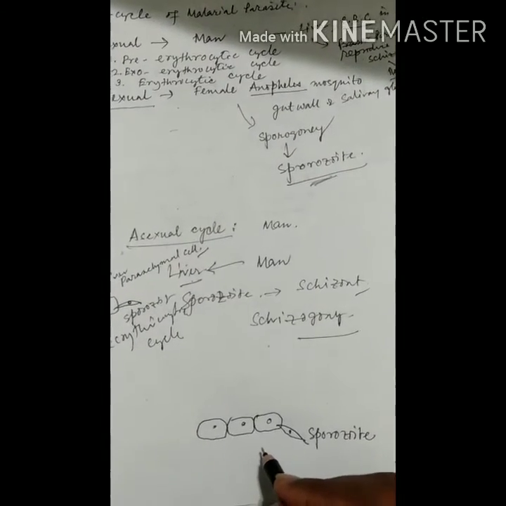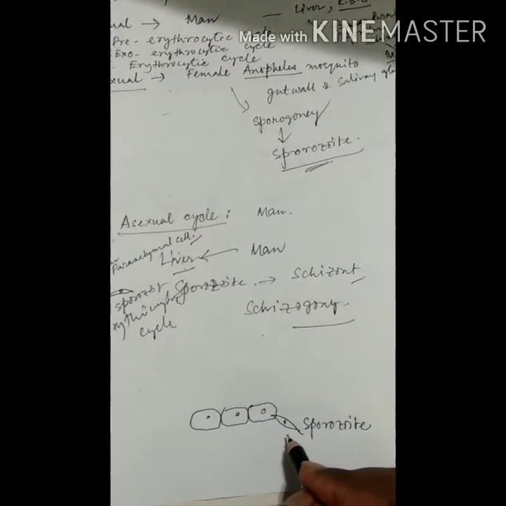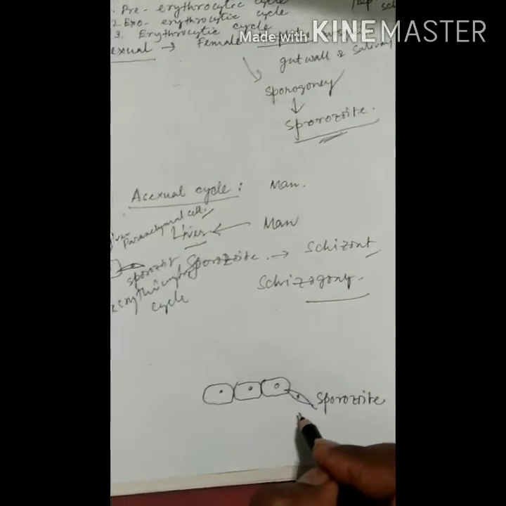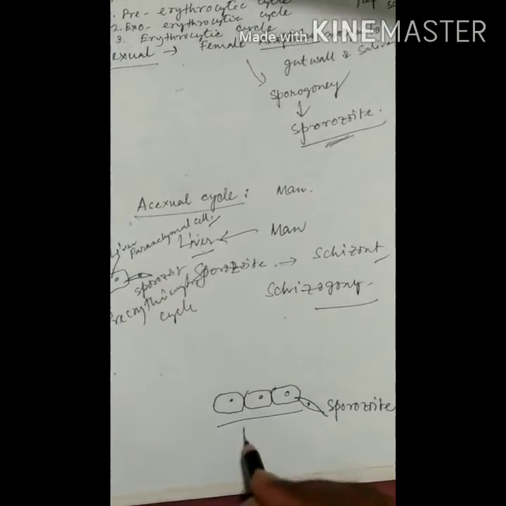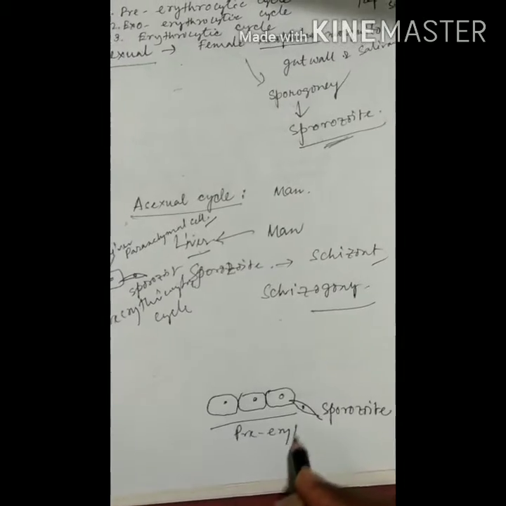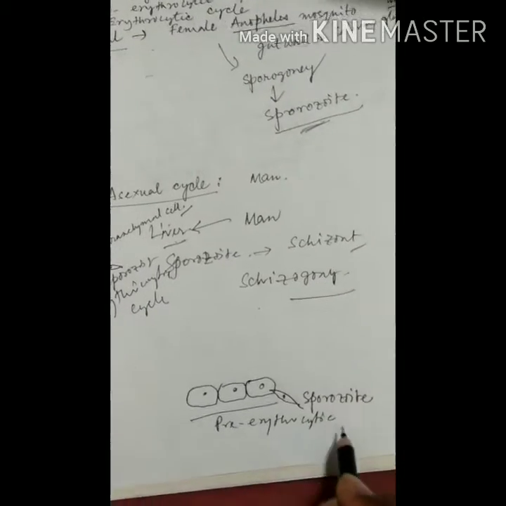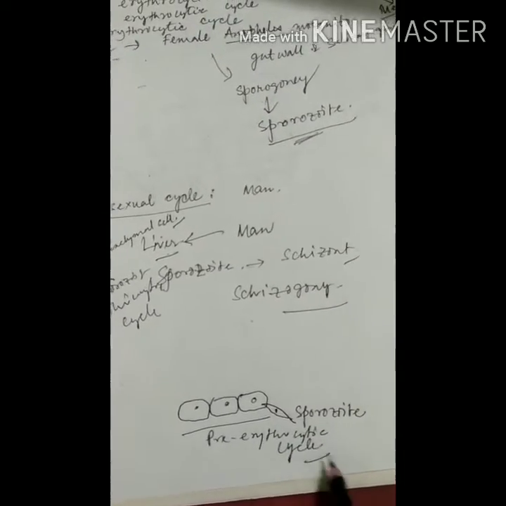This phase of multiplication within the parenchymal cell is called the pre-erythrocytic cycle.